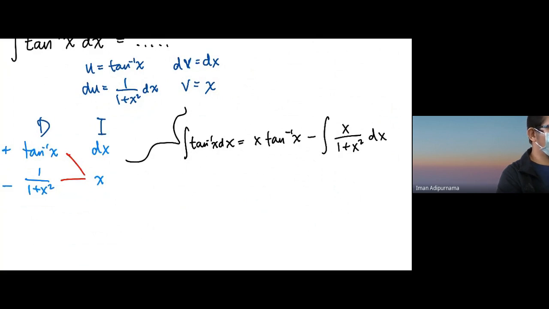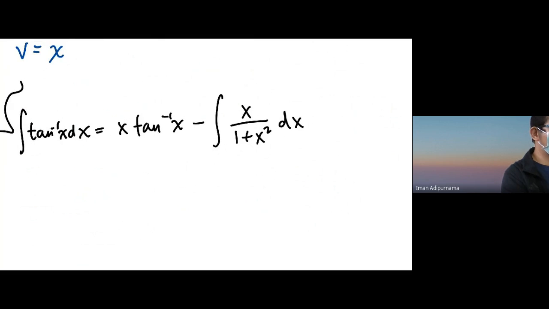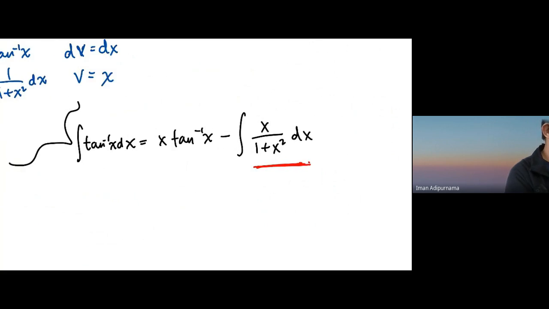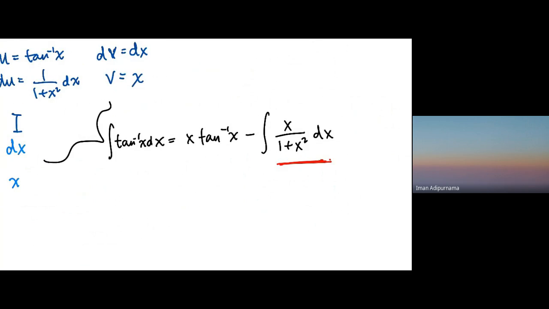Now we still have this formula on the right, and we can simply use u substitution. If you are confused with another u from the integration by parts, we can use any variables you want, like z or y.